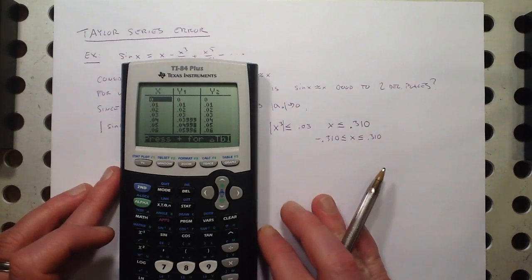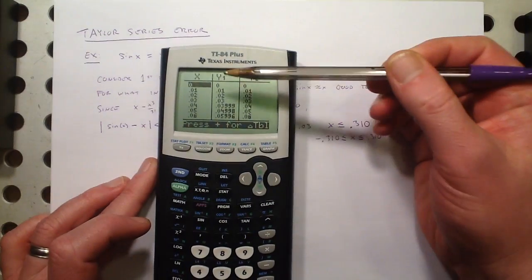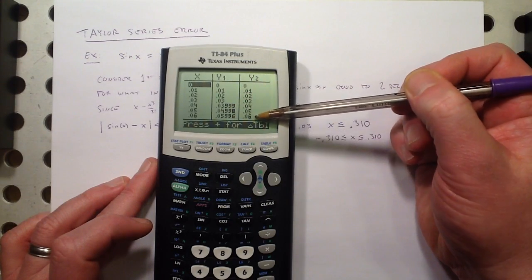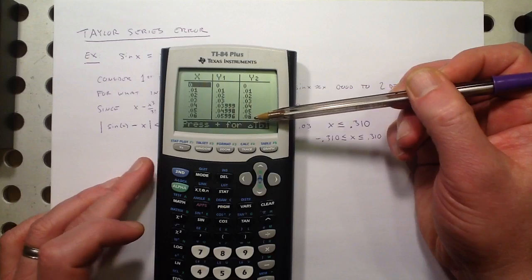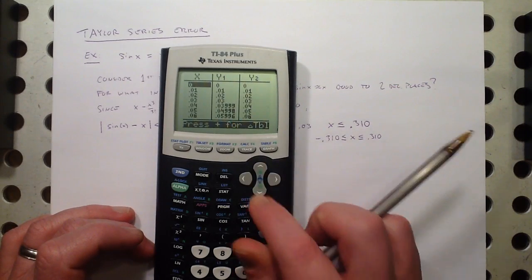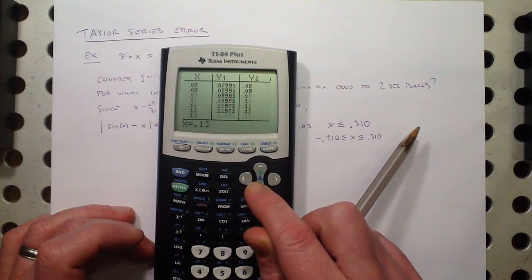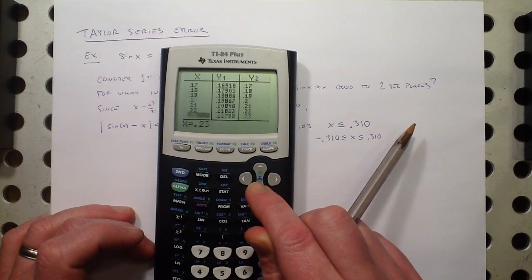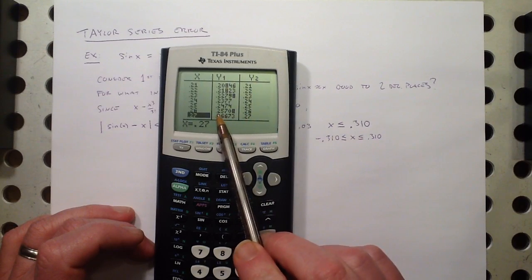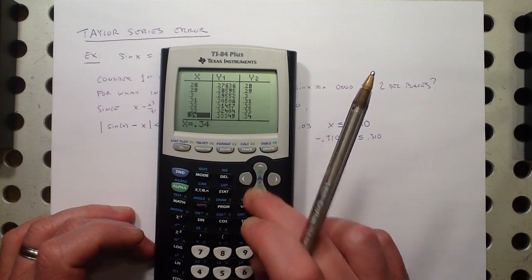So if you look at these values, you can see these are the values of the sine function, and these are the values of just y equals x. And we can compare them and see if they're good to 2 decimal places. So all the ones on this screen are, and I'll keep scrolling here, I'll get to about here, we'll see, is it still good? 0.26, now round to 0.26, still good.